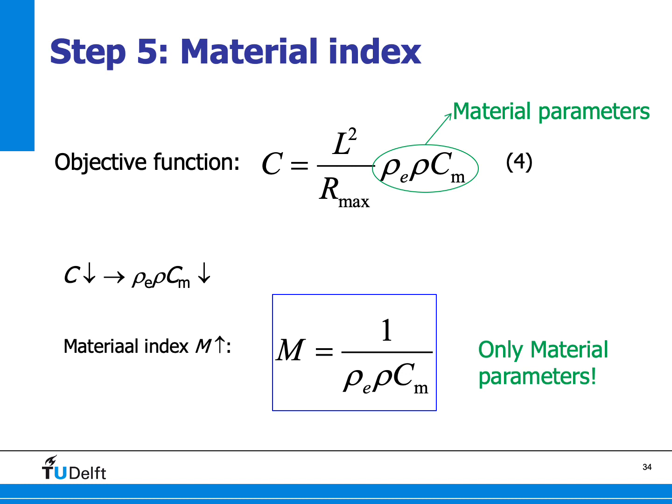So the material index in this case is 1 over the expression that you find here, rho E, the resistivity, times rho, the density, times Cm, the cost per kilogram of the material. So remember, the material index only contains material parameters.